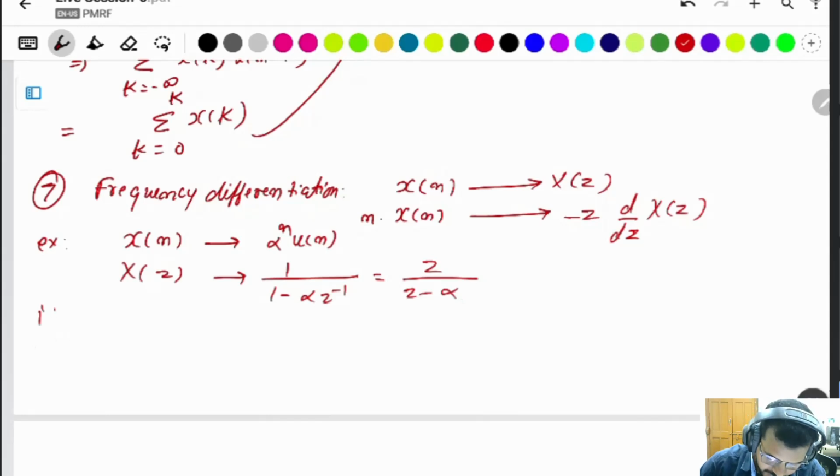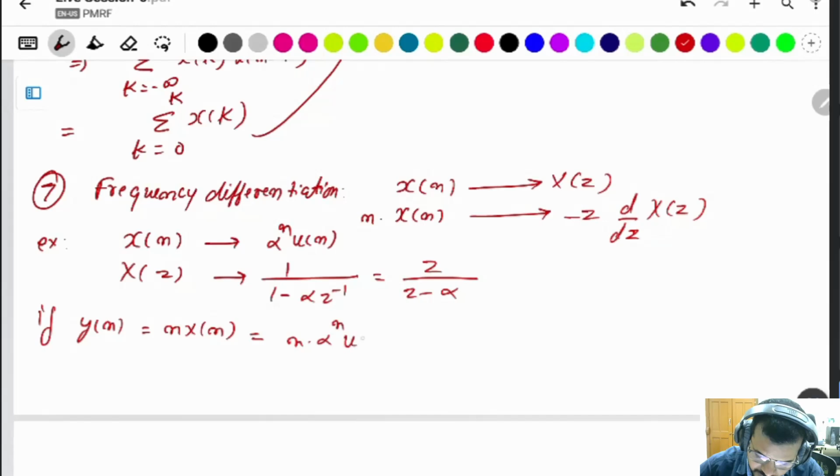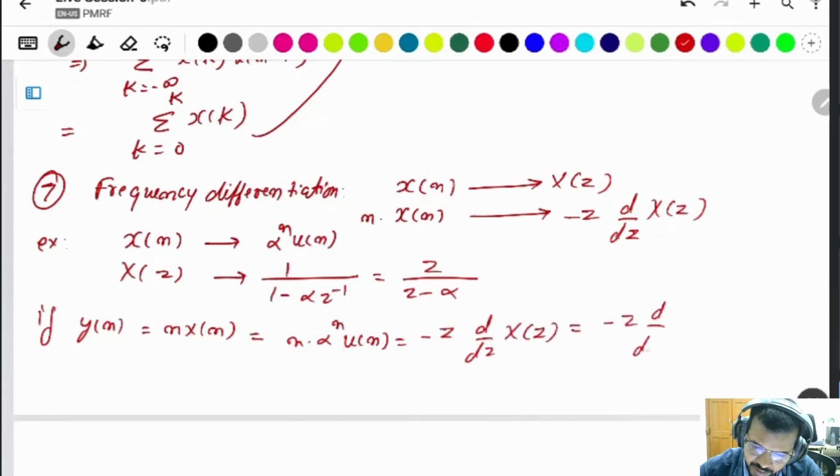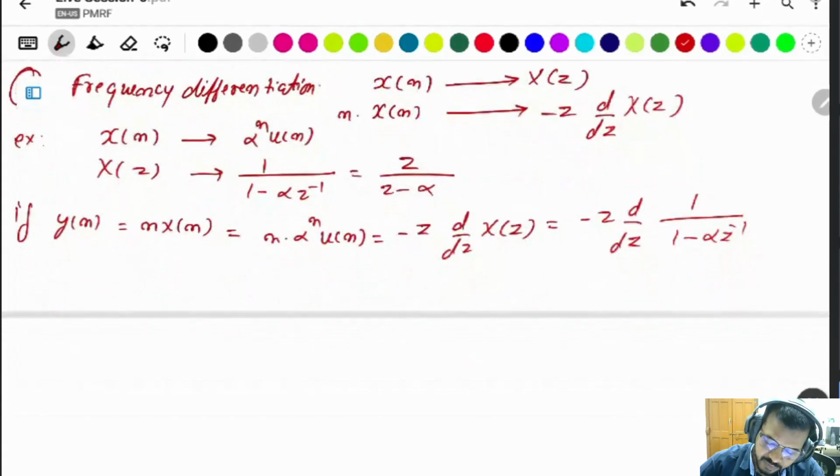If some other function y(n) is the multiplication of n and x(n), then you can write it as n into alpha power n u(n), same as minus z d by dz X(z), which is minus z d by dz of 1 divided by 1 minus alpha z inverse. We will differentiate this one.